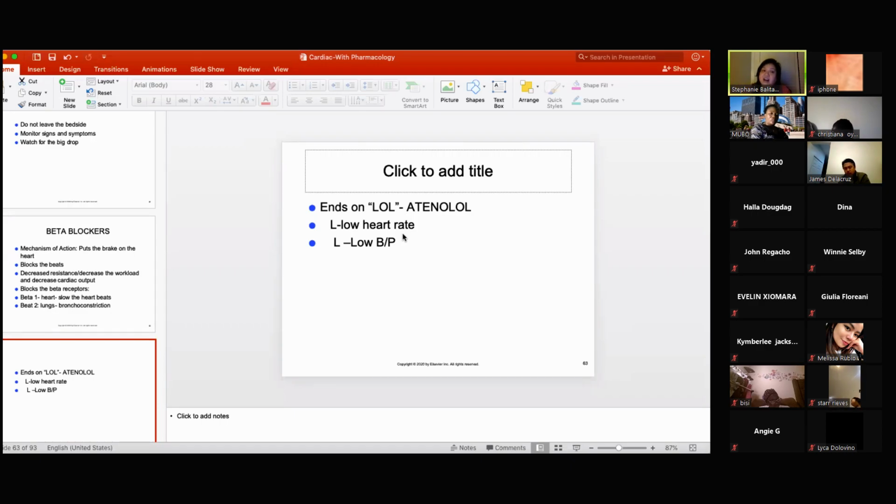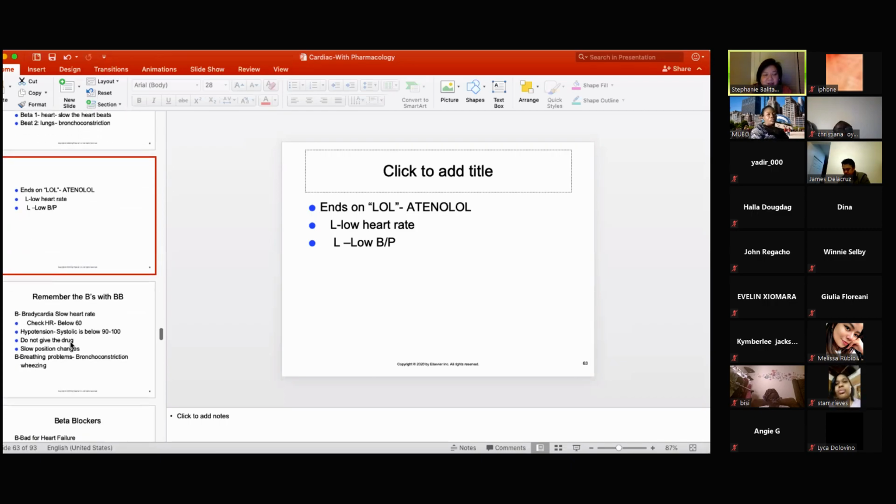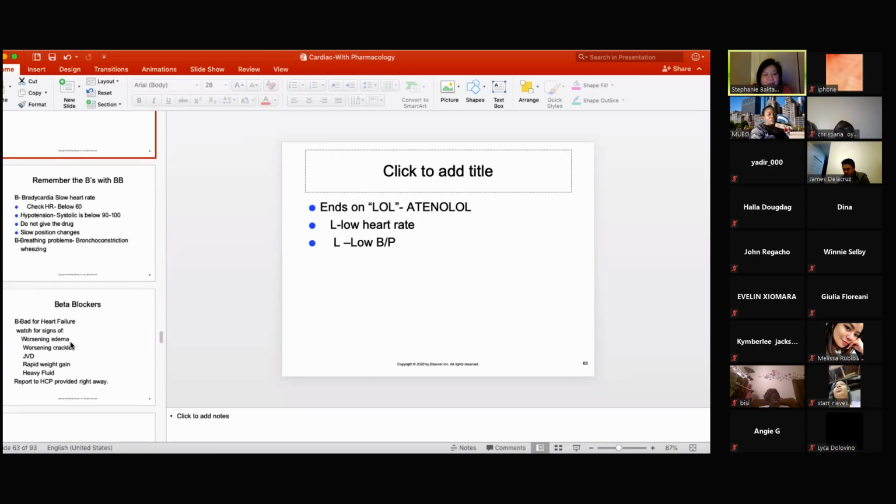However, it also is blocking beta receptor 2, which is in the lungs, which will also cause bronchoconstriction.